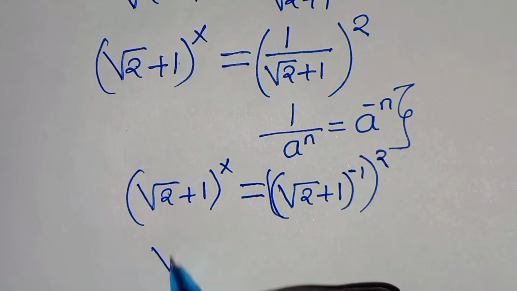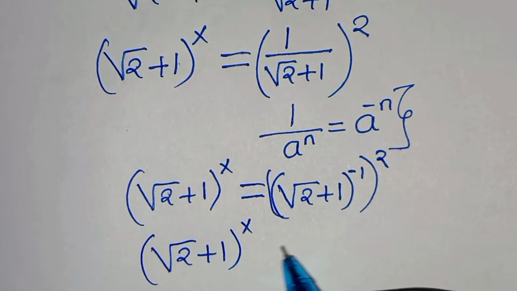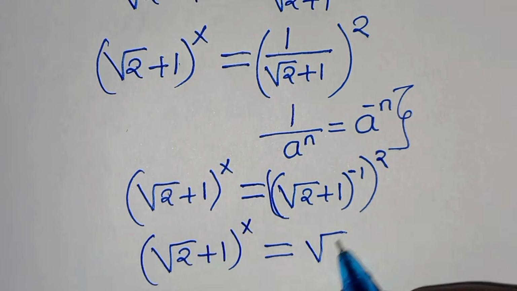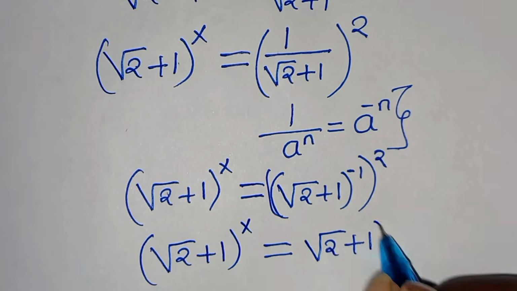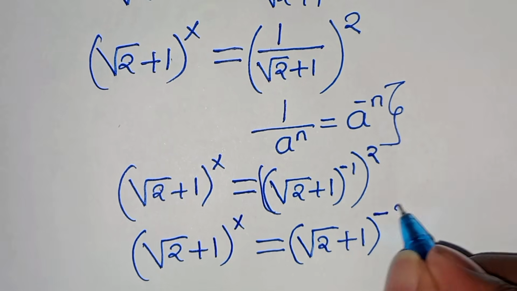So this becomes square root of 2 plus 1 raised to the power of minus 1 times 2, which is minus 2.